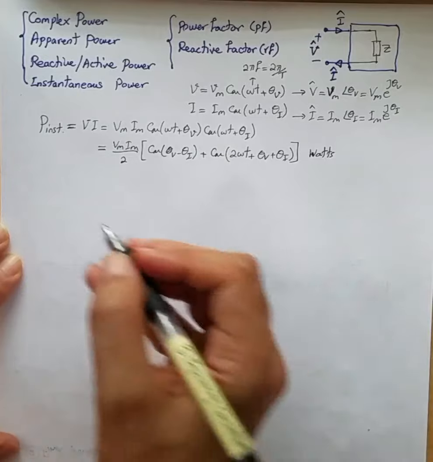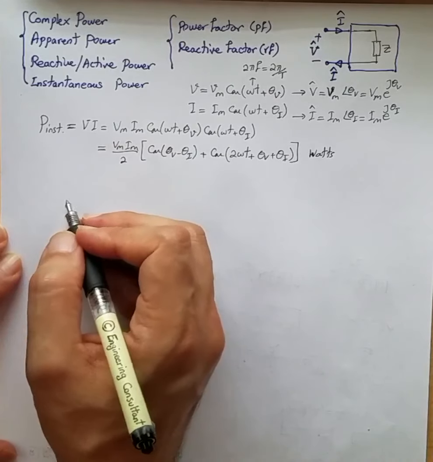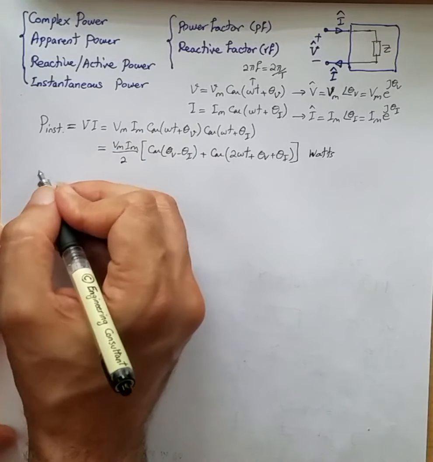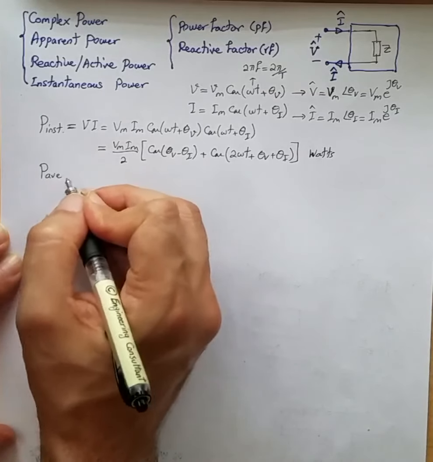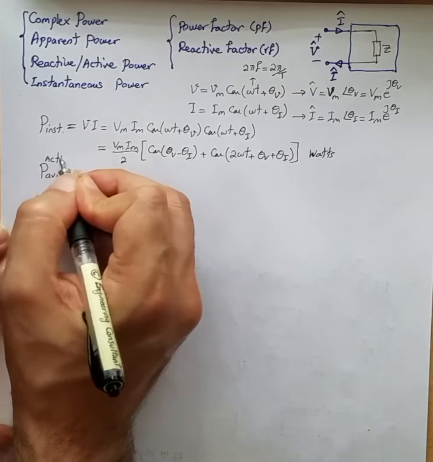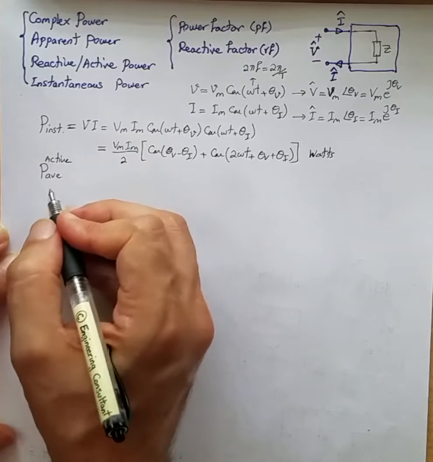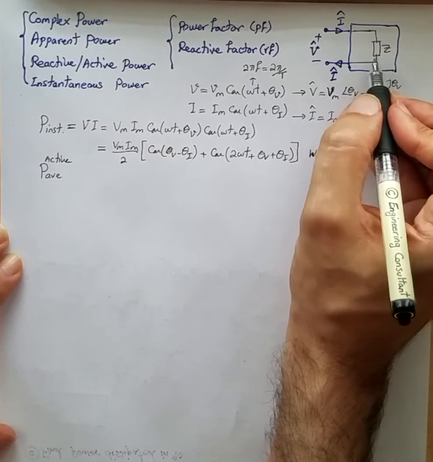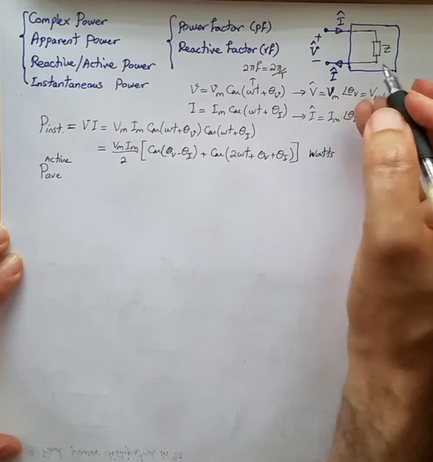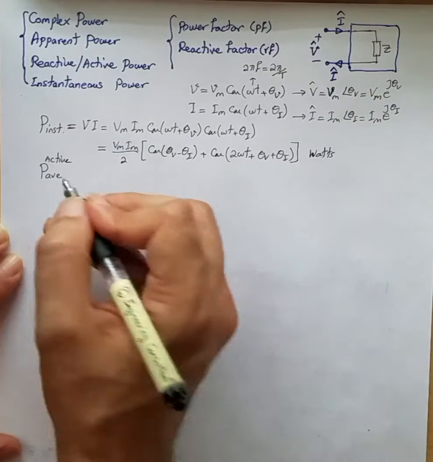We are also very much interested in finding the average active power. So P average, which is the average active power, basically represents the average power that is dissipated in the resistive portion of this equivalent impedance in the form of thermal dissipation.